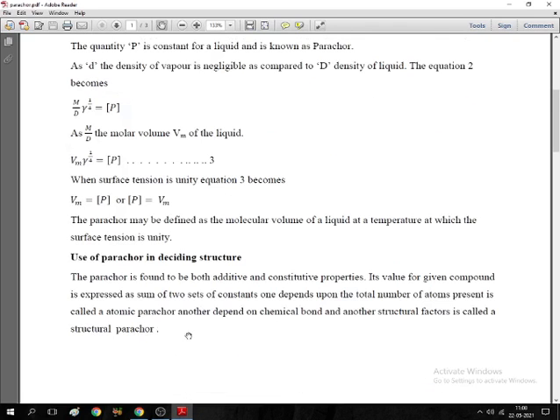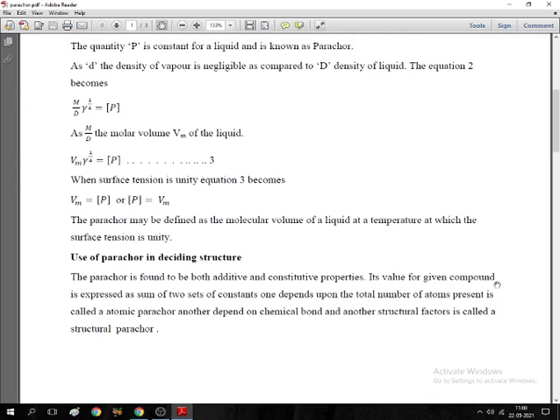राईट? Now the use of Parachor in deciding the structure. The Parachor is used to find out the structure of the particles, groups, and the substances. The Parachor is found to be both an additive and a constitutive property. Parachor हे additive आणि constitutive properties आहे.